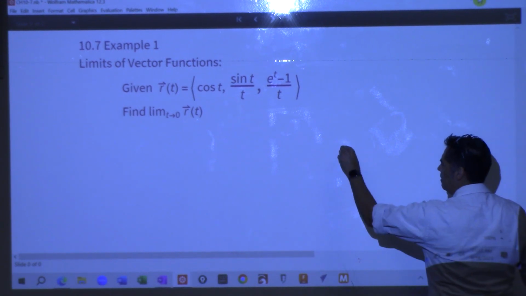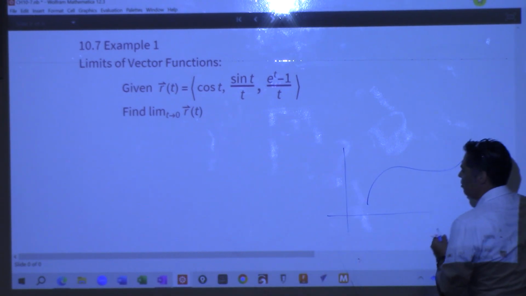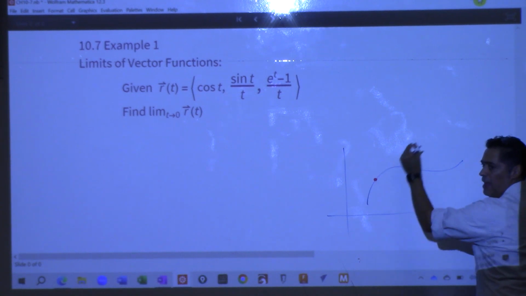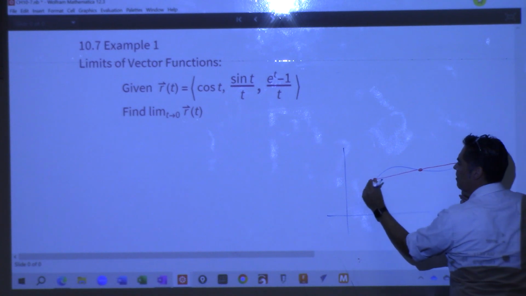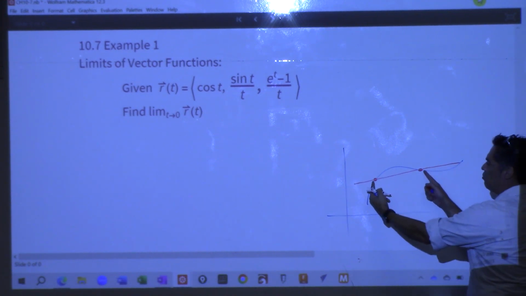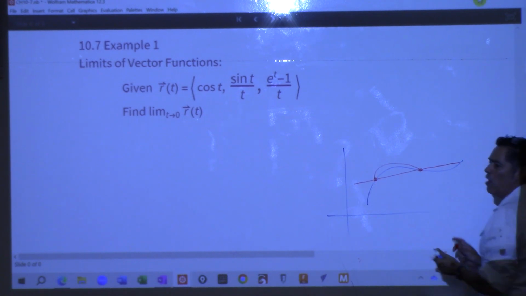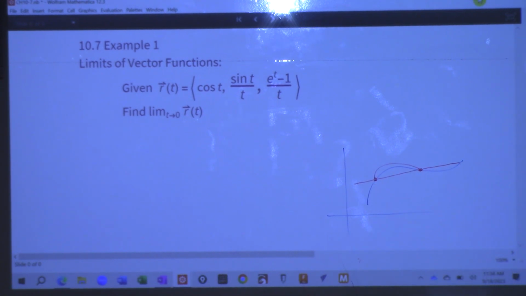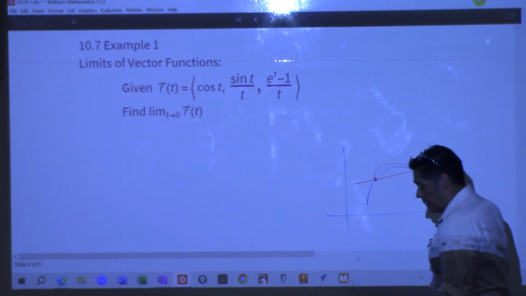Back in Cal 1, the idea of the derivative was that if you have a curve and you want to find the slope of the tangent line at one point, what we do is we get another point and we find the slope of the secant line, the line between them, and then we drag this point over on top of that point. And we can't put this point right on top. Why? If you put a point on top of another point, can you have a line between them? No, you have to have a little bit of space between them to have a line. And so what we do is we take a limit as this point approaches that point. You have to have the limit to do that, though. Okay, I'm going off a little bit.